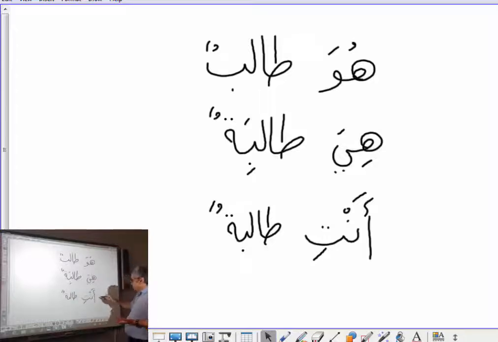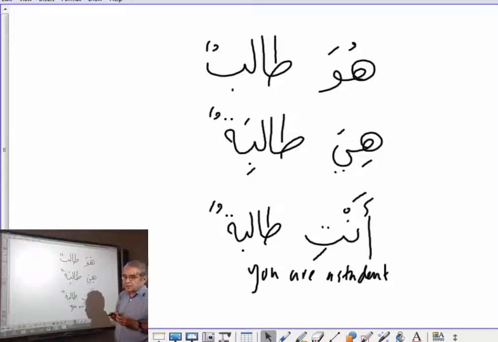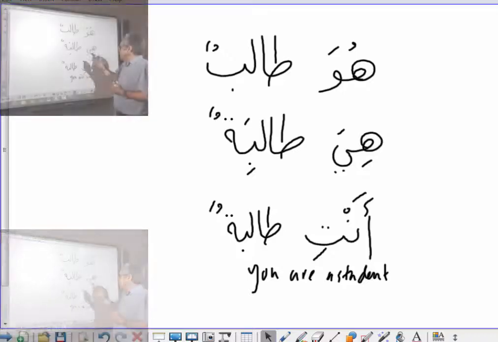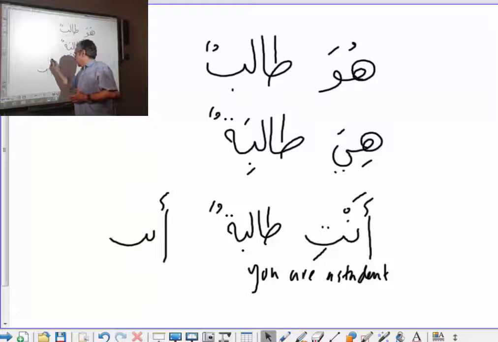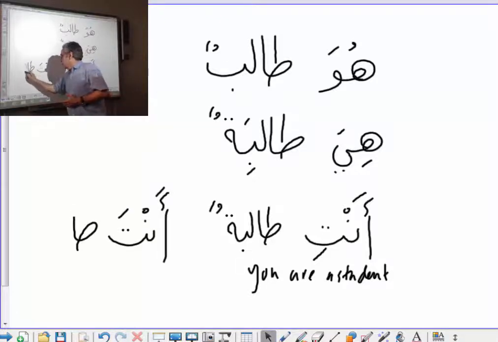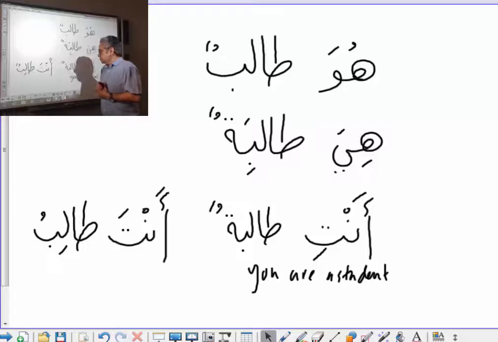As you say, this means you are a student. In English, the gender is not shown in the sentence, but in Arabic we have to show it by using the ta marbuta, the tied up ta, to indicate the femininity of the noun, of the person. هي طالبة, أنت طالبة, and for masculine, أنت طالب.